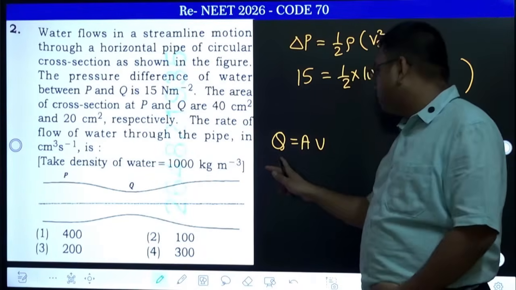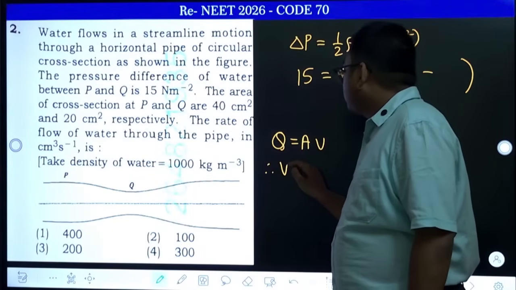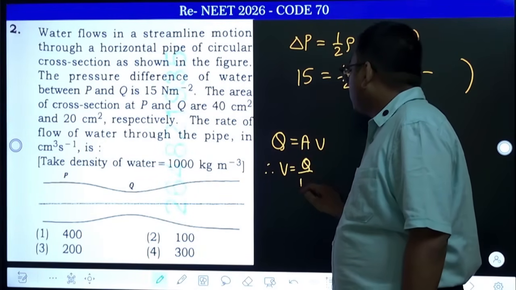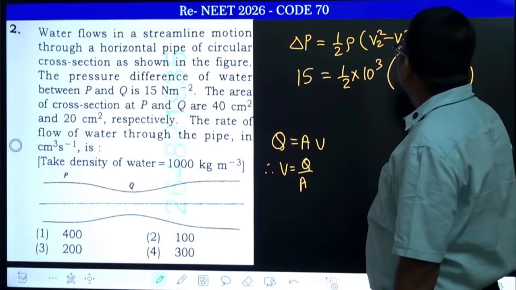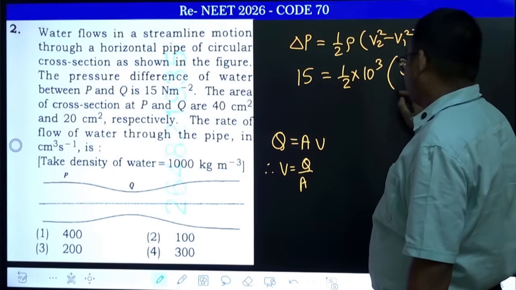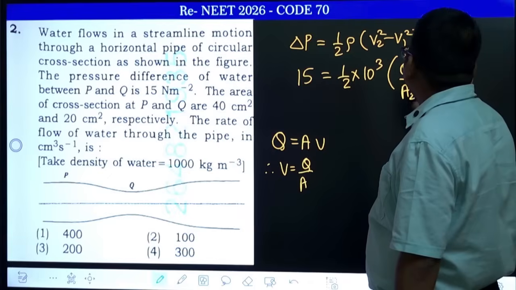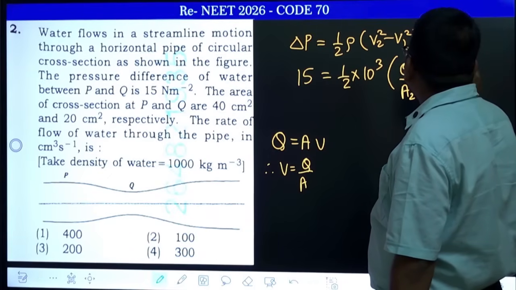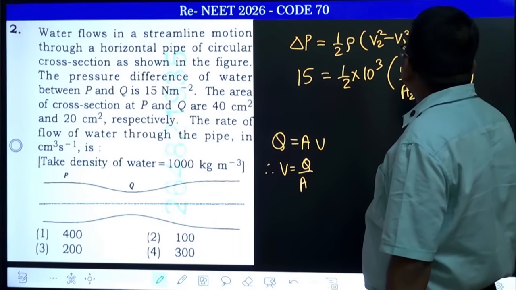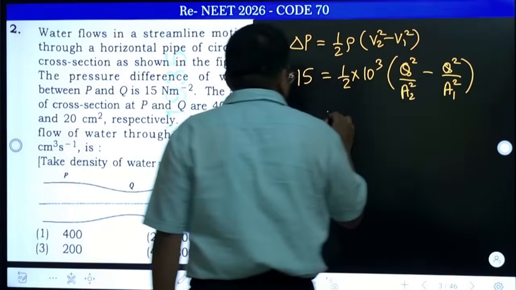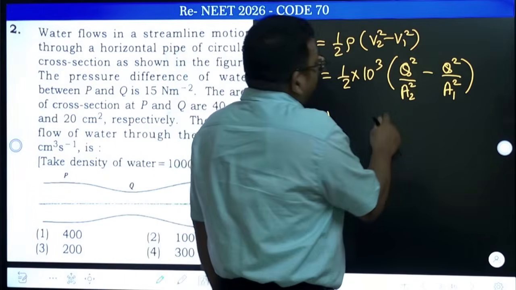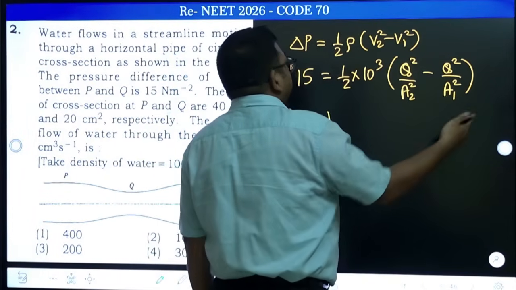But anyway, velocity can be written as Q by A, right? So this you can write as Q square by A2 square minus Q square by A1 square. So from here we will calculate that, okay? And note that definitely A2 is the smaller area, A1 is the larger area.